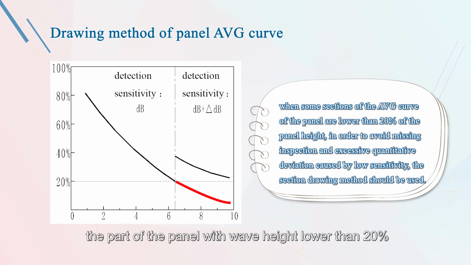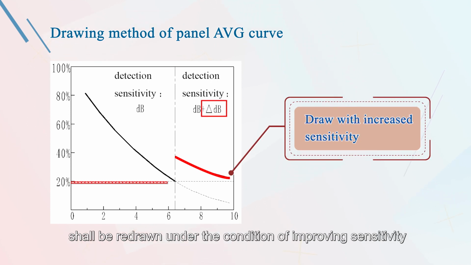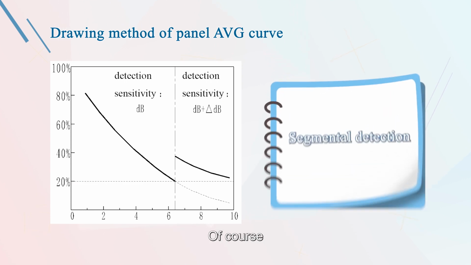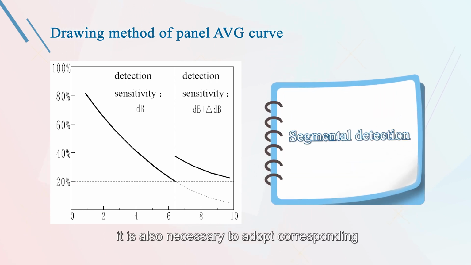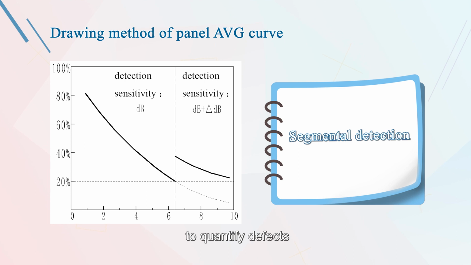That is to say, the part of the panel with wave height lower than 20% shall be redrawn under the condition of improving sensitivity so as to ensure that the lowest end of the curve is higher than 20% of the wave height. Of course, it is also necessary to adopt correspondingly different sensitivities to carry out subsection detection in the later stage when using the subsection curve to qualify defects.